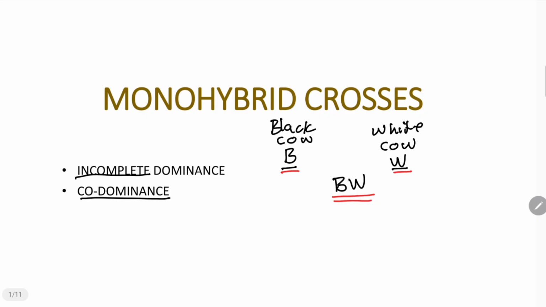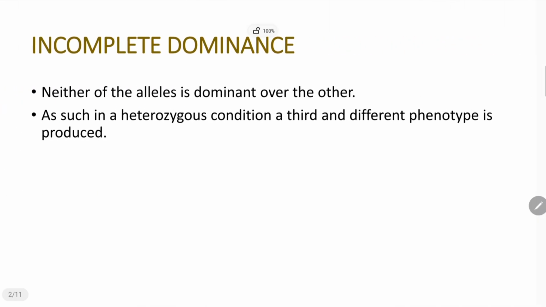Now let's try to get into detail, starting with incomplete dominance. As we've already said, neither of the alleles is dominant over the other when we cover incomplete dominance, right? As such, since both alleles are written as capital letters, in a heterozygous condition, a third and a different phenotype is going to be produced.